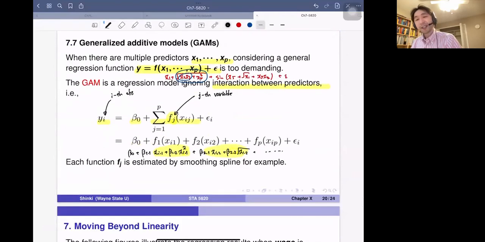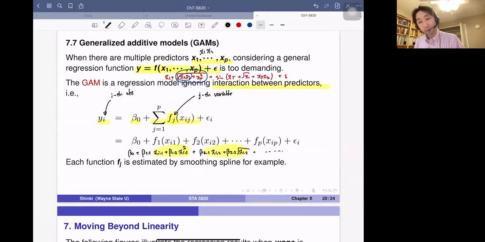Yeah, so often we need some simplification. So of course, interaction terms may be important, but we cannot think about all possibilities. So we simplify the situation. Still, if you are thinking about specific interactions, then you can increase the number of variables. So if you really want to include interaction between x1 and x2, then you can add x1 x2 as another predictor.